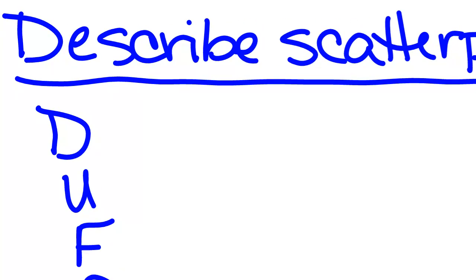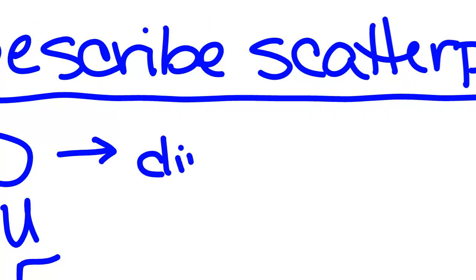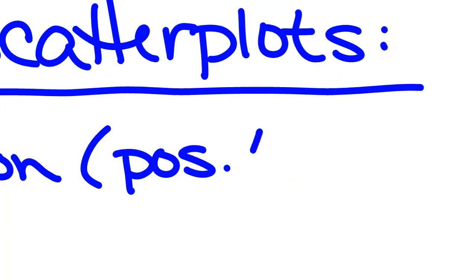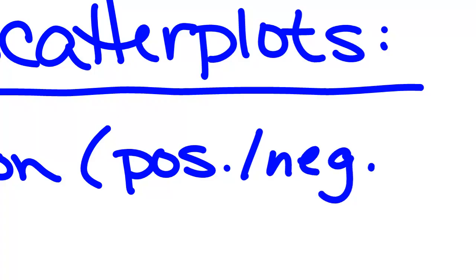Things that you want to make sure to hit on. The D, that is your direction. The only thing we'd be looking for here is positive or negative based on what the slope is. As you move from left to right across the horizontal axis, do the dots tend to go up or do the dots tend to go down?